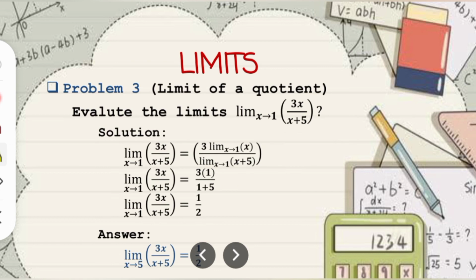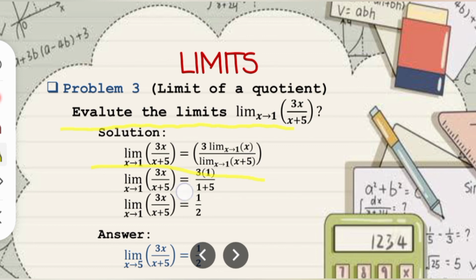Another example, we have the limit of a quotient. Evaluate the limit as x approaches 1 of 3x divided by x plus 5. Here is the solution. We have 3 times the limit of x over the limit of x plus 5, as x approaches 1.